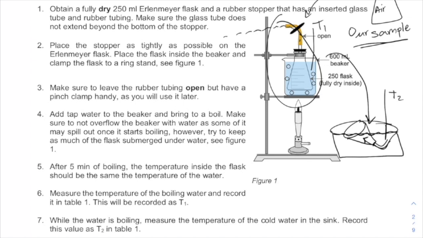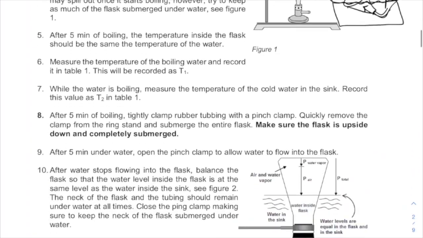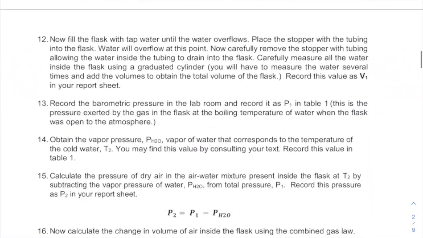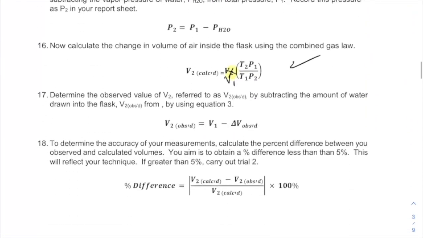And as soon as I remove the pinch clamp, water is withdrawn inside. So I'm going to measure that volume of water that's withdrawn inside for you guys. And here, we're going to measure V2 by taking the original volume of the air minus the volume of water that rushes inside. So essentially, the whole purpose for today's lab is to calculate V2 and to also measure V2.